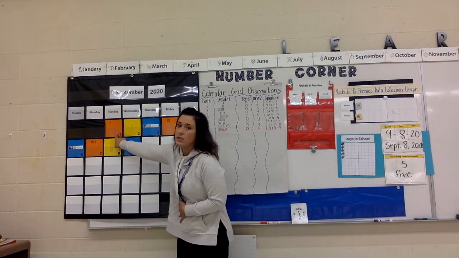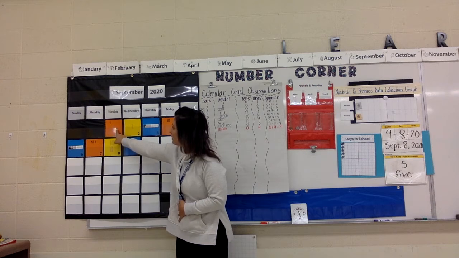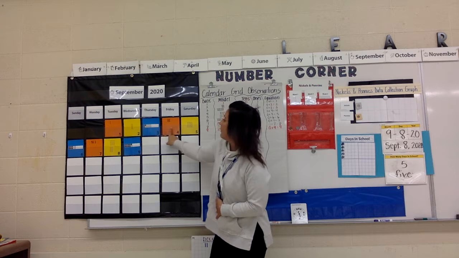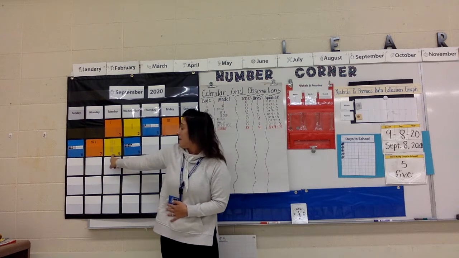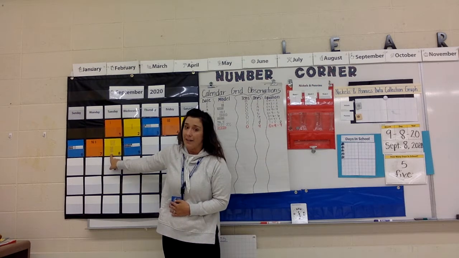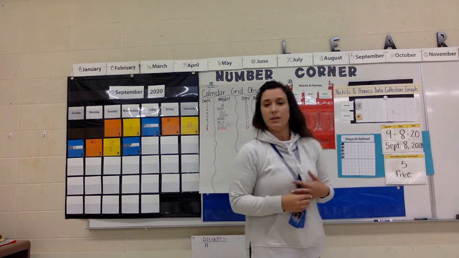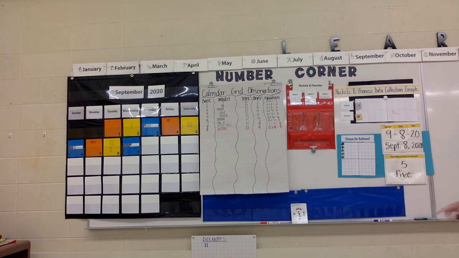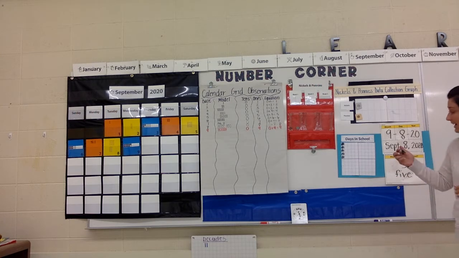So we just count the days that you're either at home doing school or here in class. So if we count, we started school on Tuesday the 1st, so it's 1, 2, 3, 4, and then yesterday was actually 5. So what would today be? What number comes right after 5? And we're going to put that right here. It is 6.